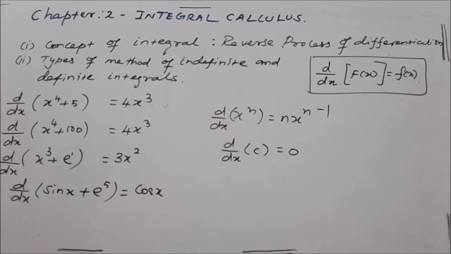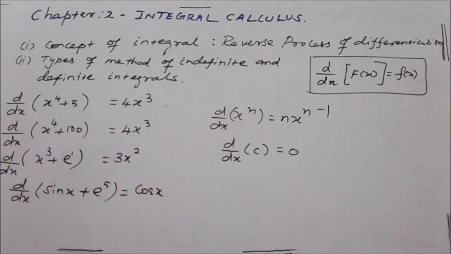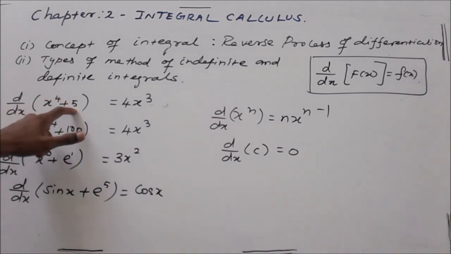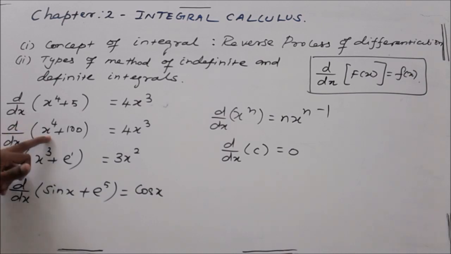So we can come to a conclusion that x power 4 plus 5 is a primitive function and the derived function is 4x cube, and x power 4 plus 100 also gives 4x cube.